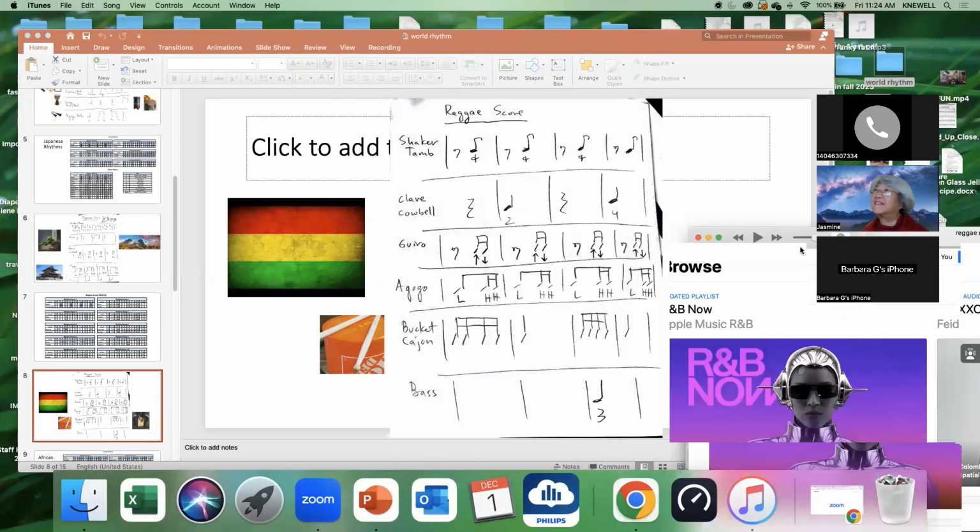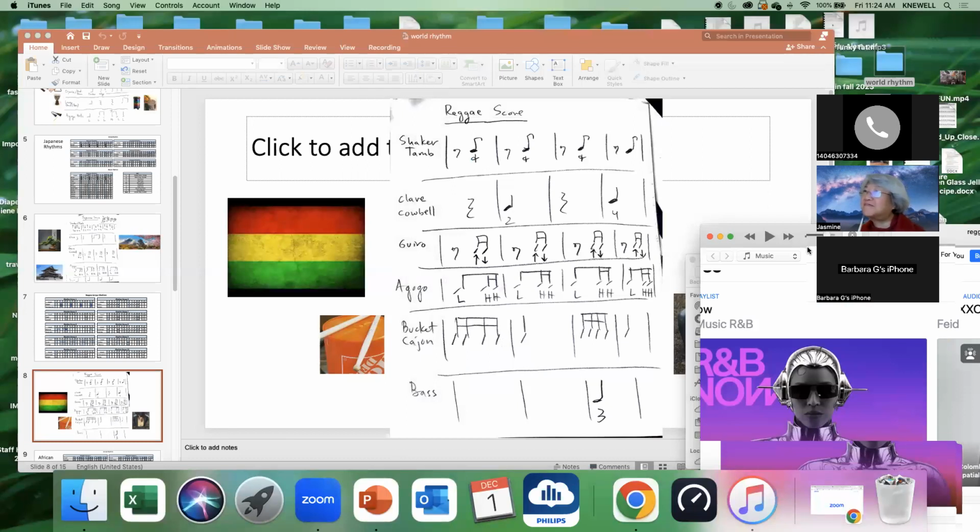It's nice and slow, but it's different than being on the beat. 1, 2, 3, 4. It's 1 and 2 and 3 and 4 and 1.